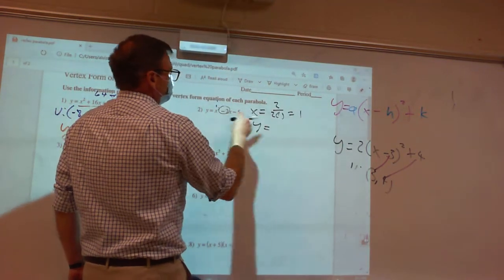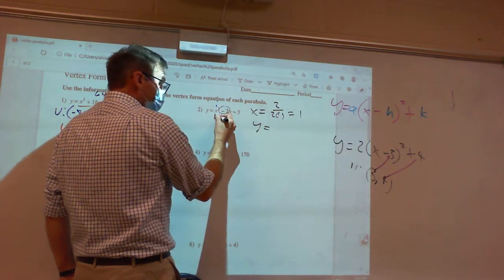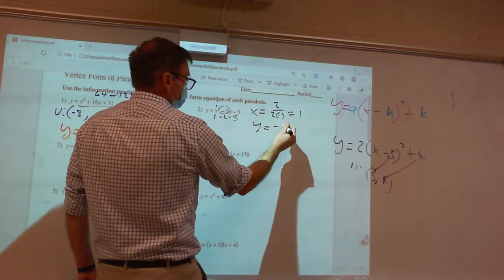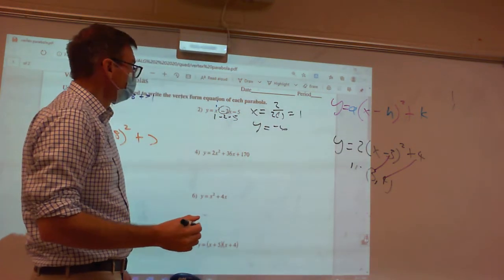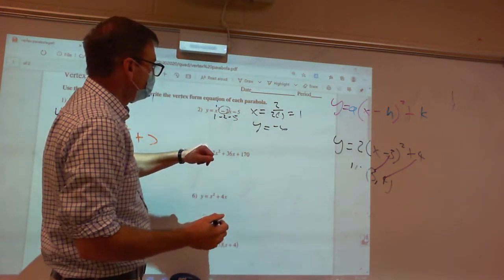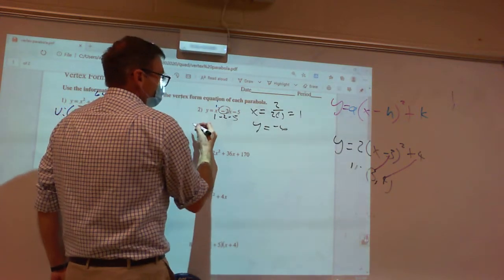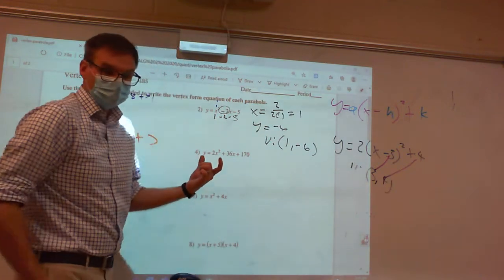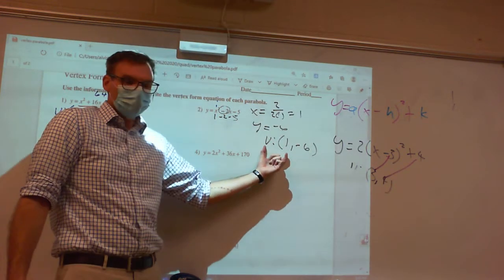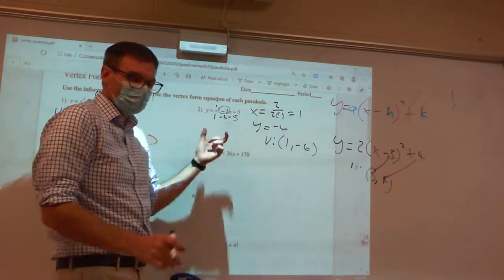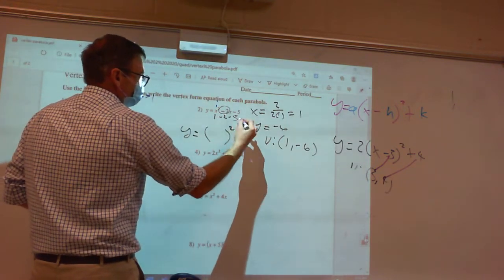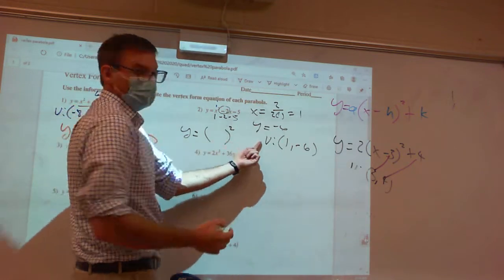Now the y part means I got to plug the 1 in, so let's see, that's 1 minus 2 minus 5, so I get a minus 6. So I know that my vertex is 1, negative 6. And now that we've got our vertex, we can write the equation, and our equation is going to be y is equal to something squared, and a number off to the side.